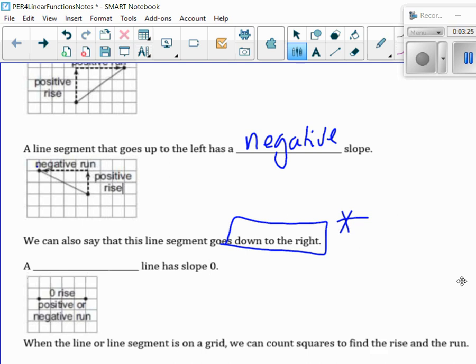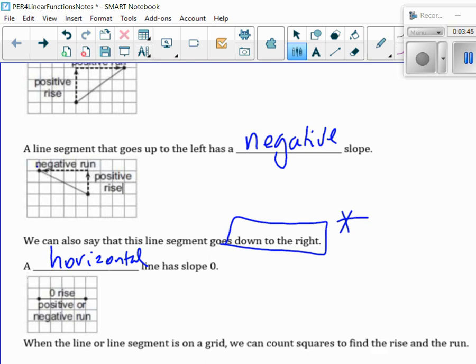So what happens if we don't go up or down, but we just go to the right? Well, that means we have a slope of 0. A horizontal line has a slope of 0 because we're not going up or down.